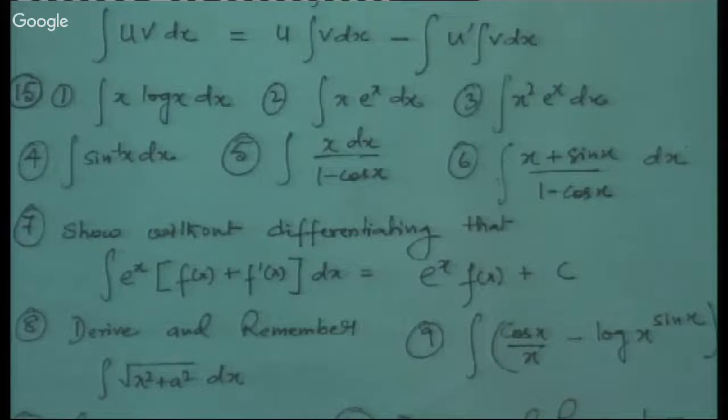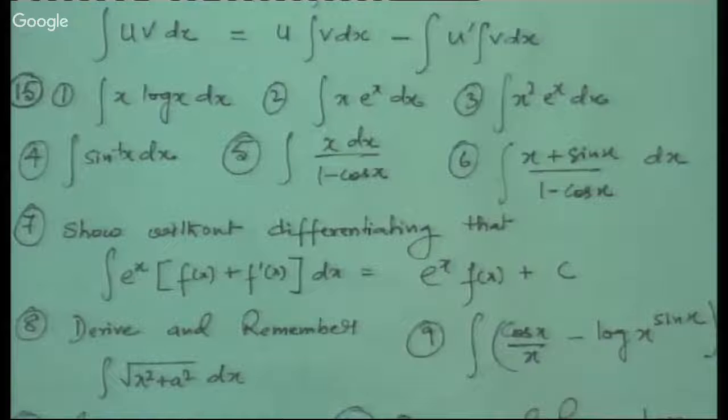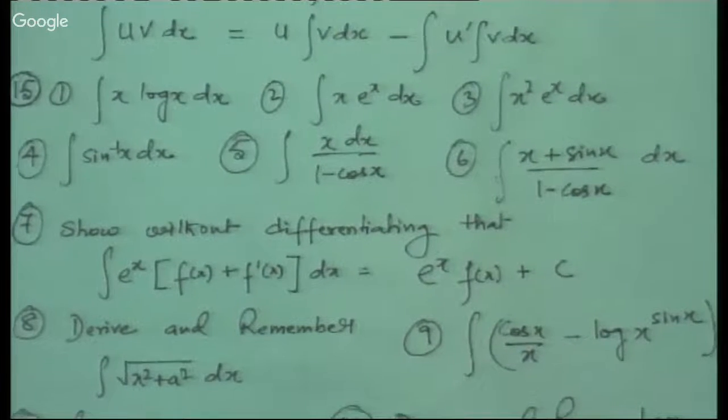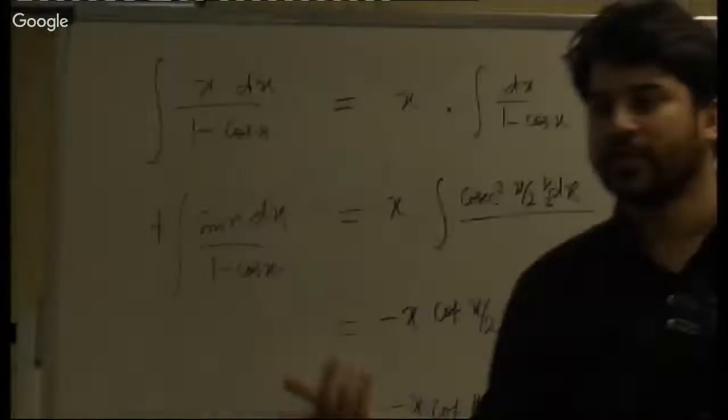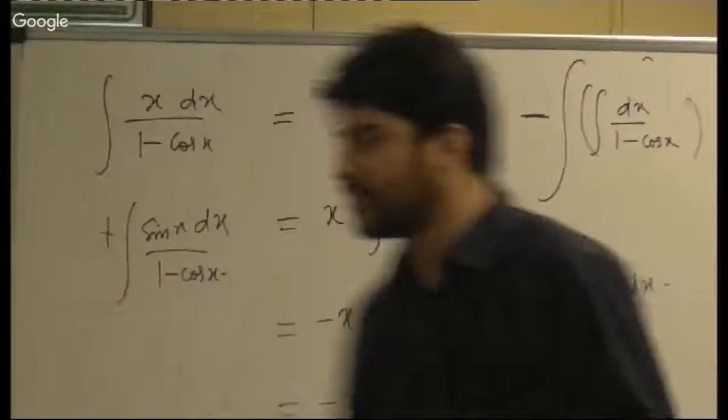Otherwise, if you had seen it together, there would have been a lot of confusion about which one to be taken as first part and which one as second part. You have x plus sin x in the above thing and 1 minus cos x in the below thing. So whenever you see this type of confusion, split it. If you can easily split it, remember the first rule of integration, that integration of a sum is sum of integration, right?